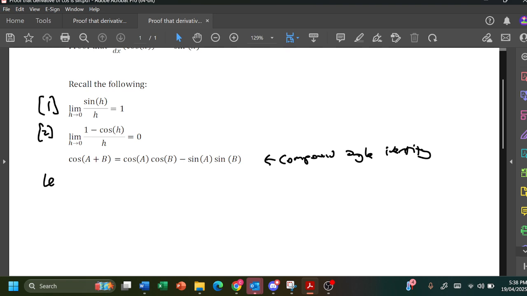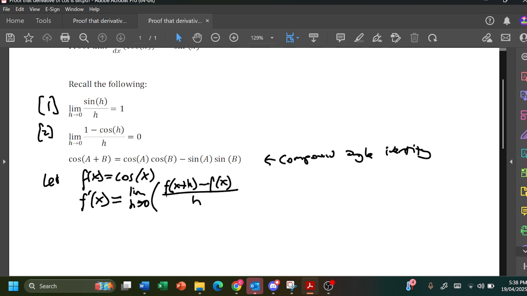Let's just start out by saying let f of x be equal to cosine of x. What we're interested in finding is the derivative f dash x, and we know by the definition of the derivative, this is equal to the limit as h goes to 0 of f of x plus h minus f of x divided by h.